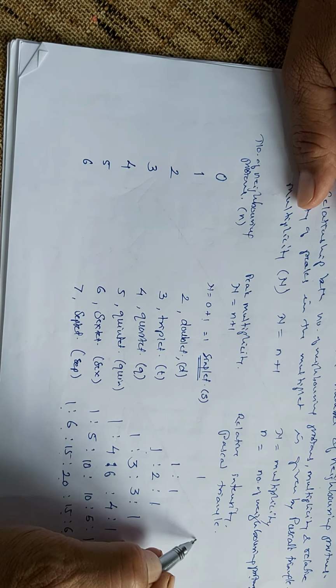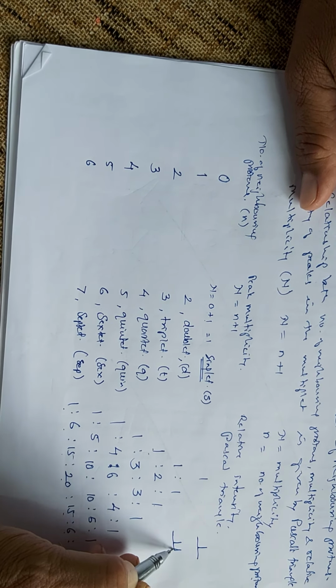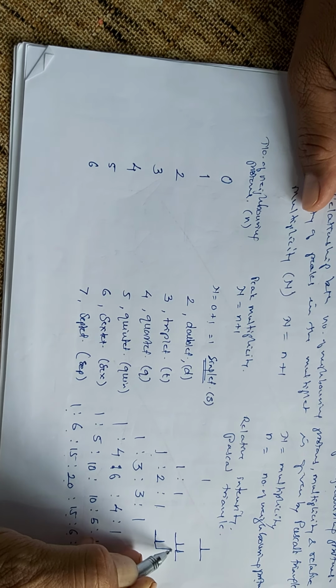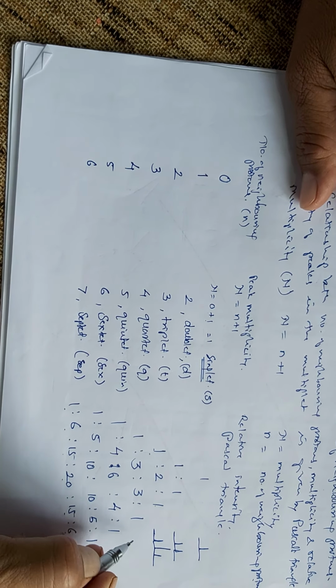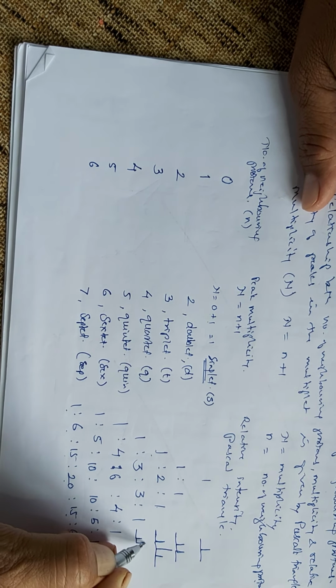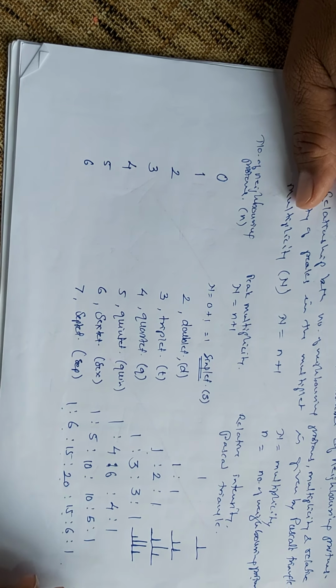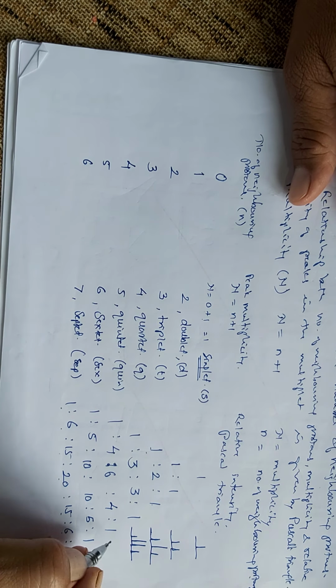Here we are getting a singlet, here a doublet with equal intensities of the lines. Here the intensity will be double, meaning 1 is to 2 is to 1. Here it is 1 is to 3 is to 3 is to 1. So in this way you will get the different signals.